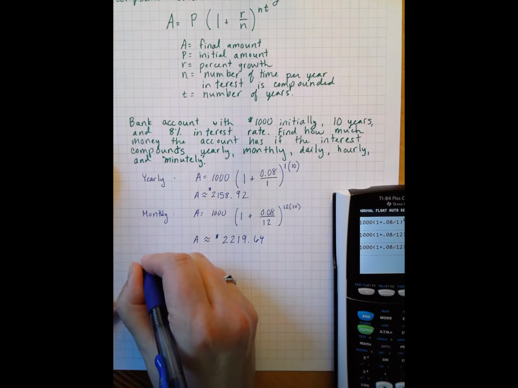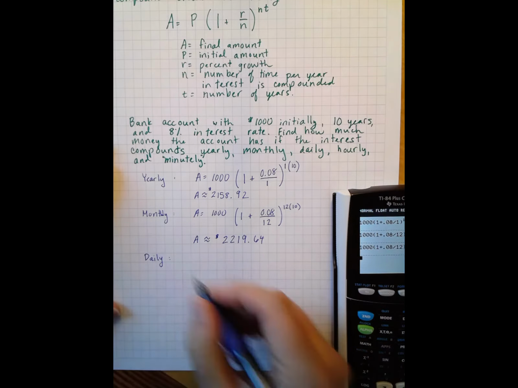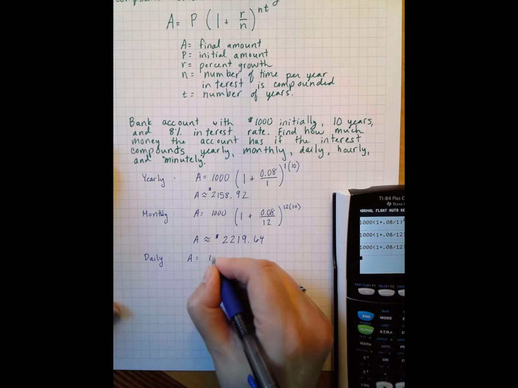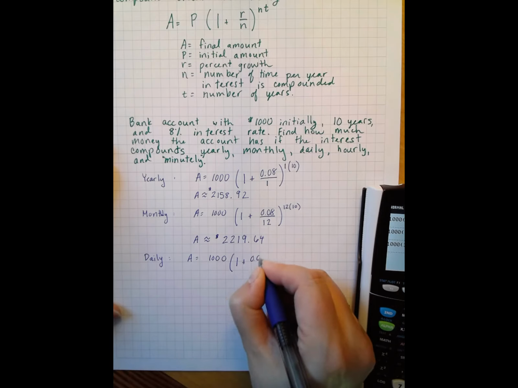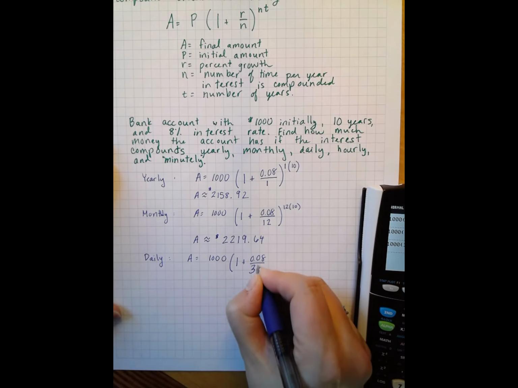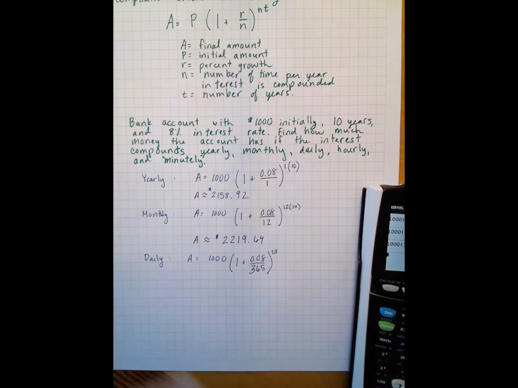Let's go to daily. So daily, there are 365 days in the year. So my 12 turns into 365. I've got a small typo here.